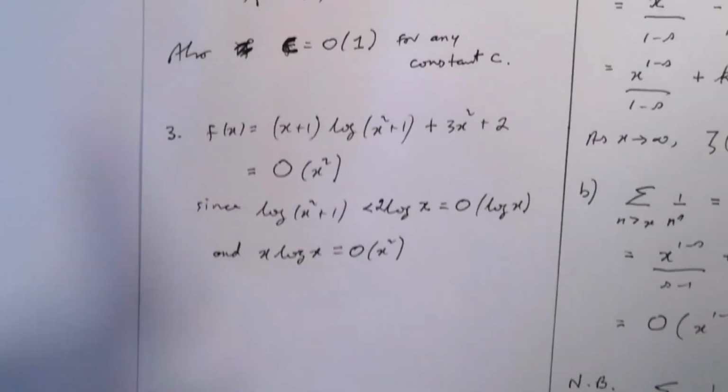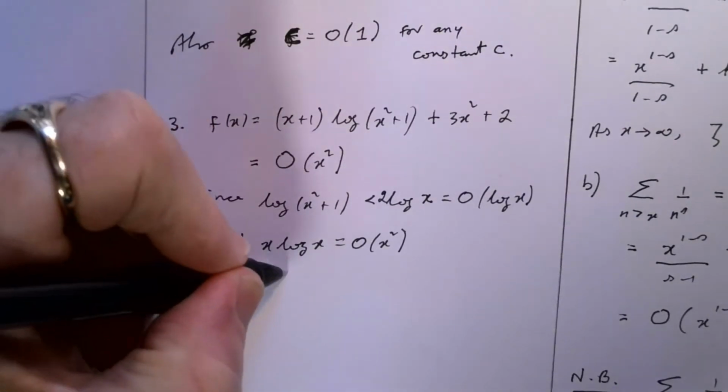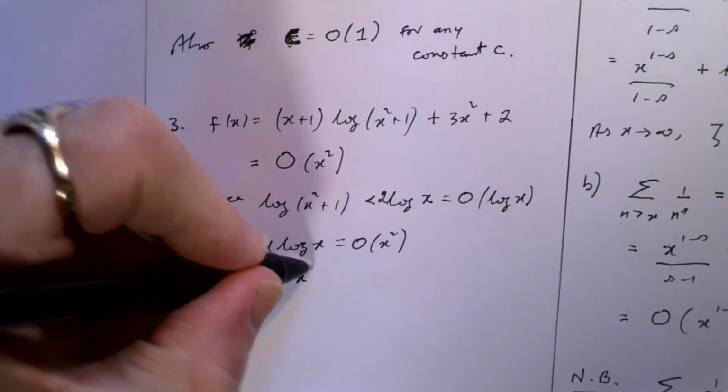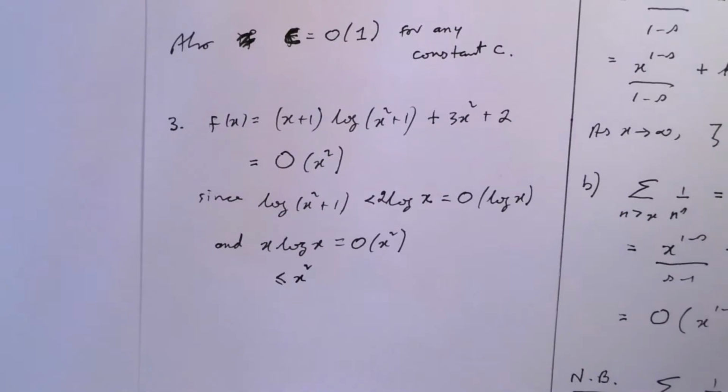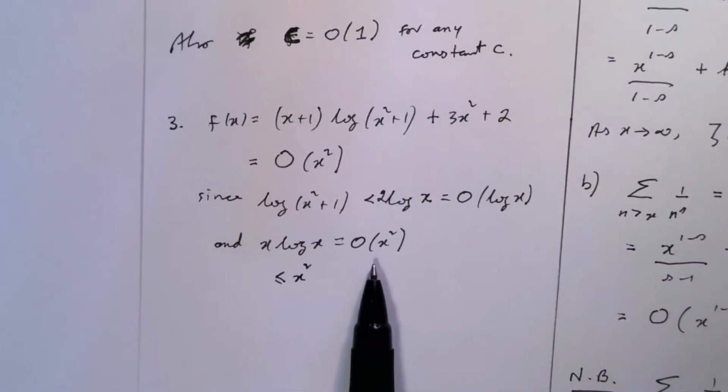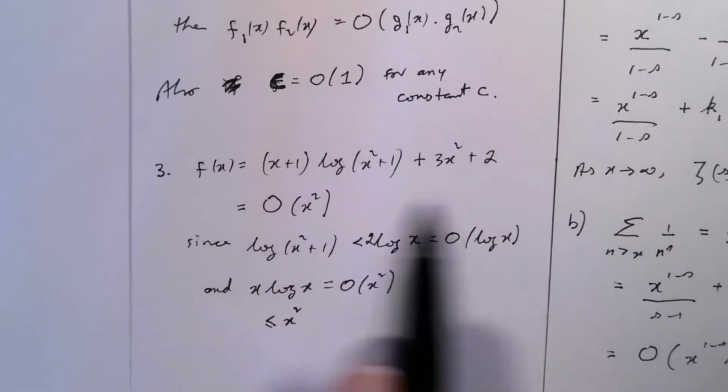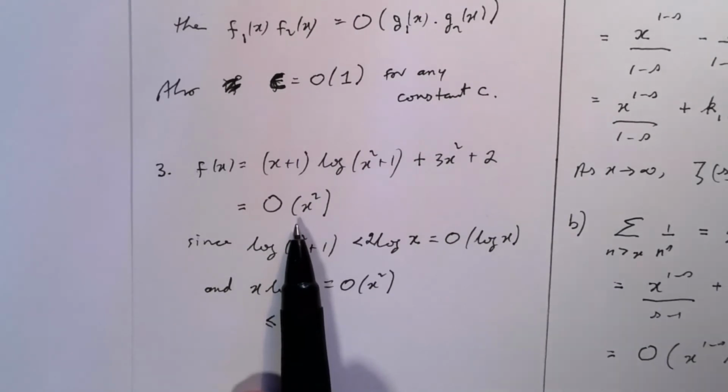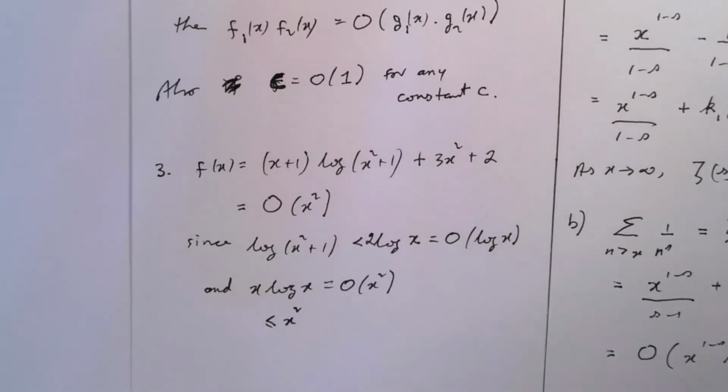So I could say x log x is less or equal to x squared for sufficiently large x, and so the whole expression is big O x squared. So just a couple of examples just to play with this.